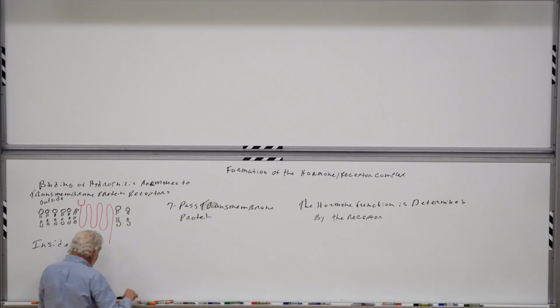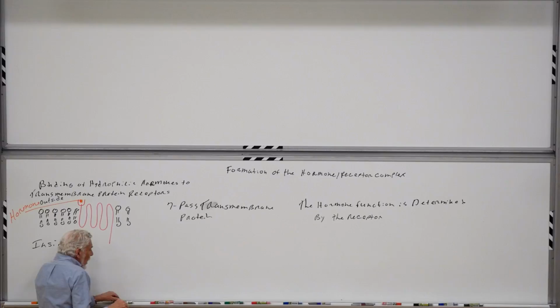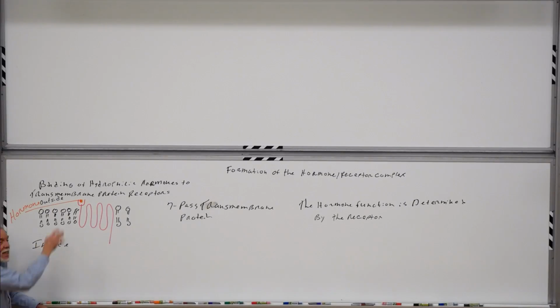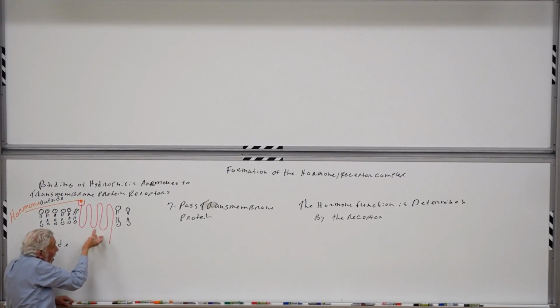Now, of course, from last time, you'll recognize that we have to have the proper binding, the 3-dimensional fit between the hormone and its receptor. Now, in ways that still aren't quite clear, the binding of the hormone in the extracellular region changes the structure of the cytoplasmic region of this protein.